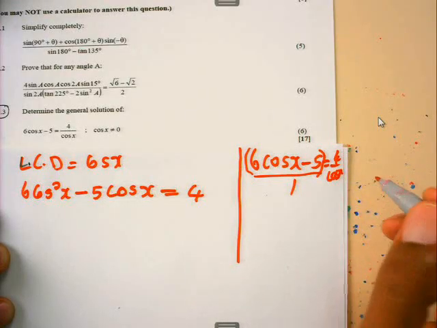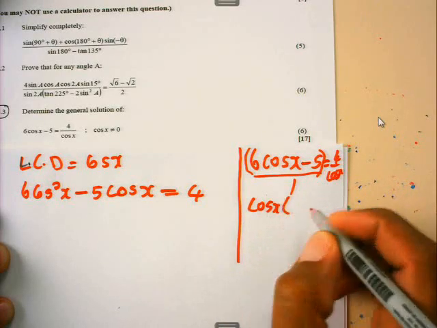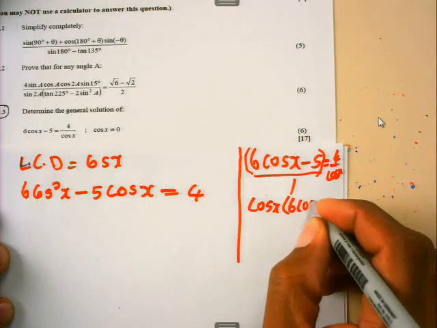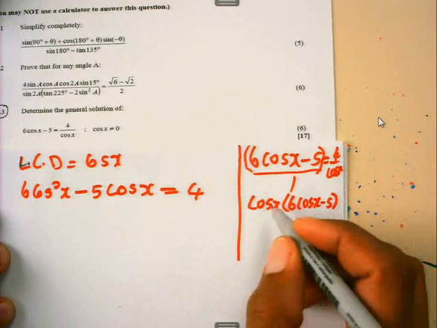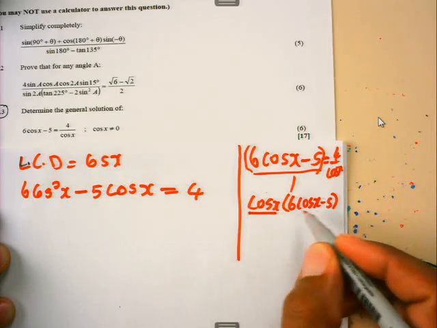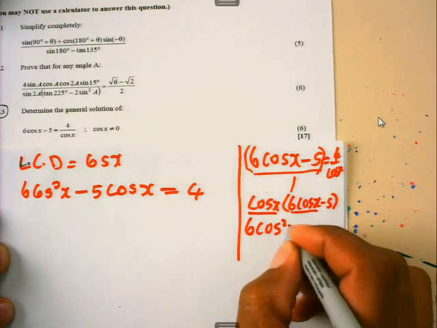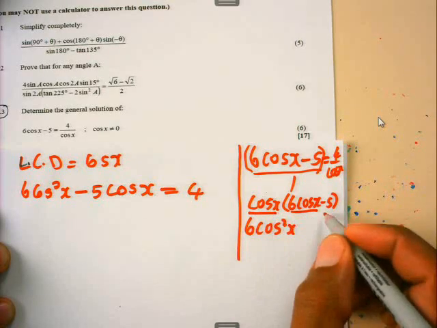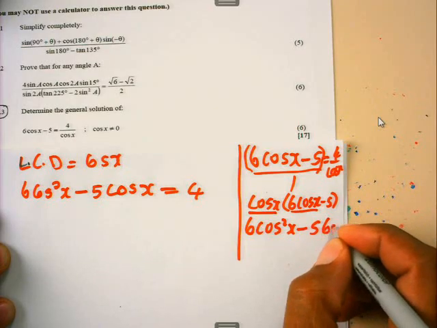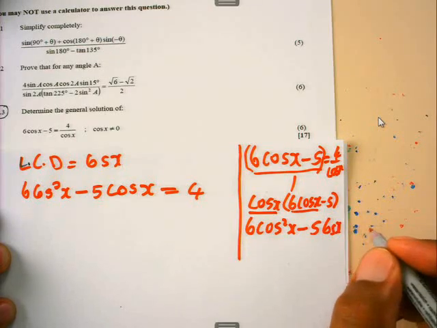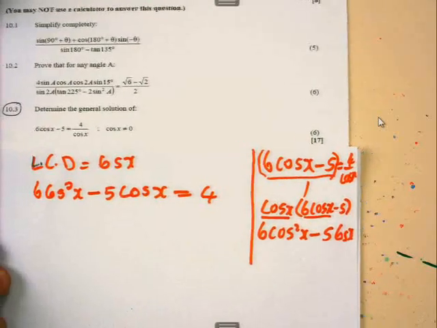That's when you can say, now I take cos x and multiply 6 cos x minus 5 with it. At the end of the day, cos x multiplied by 6 cos x gives 6 cos squared x, and cos x multiplied by minus 5 gives minus 5 cos x. It's very, very important. Make sure that you multiply each and every term here by cos x.